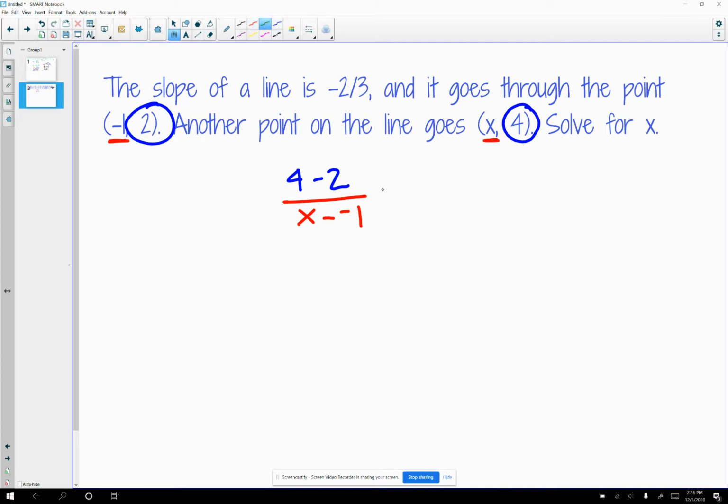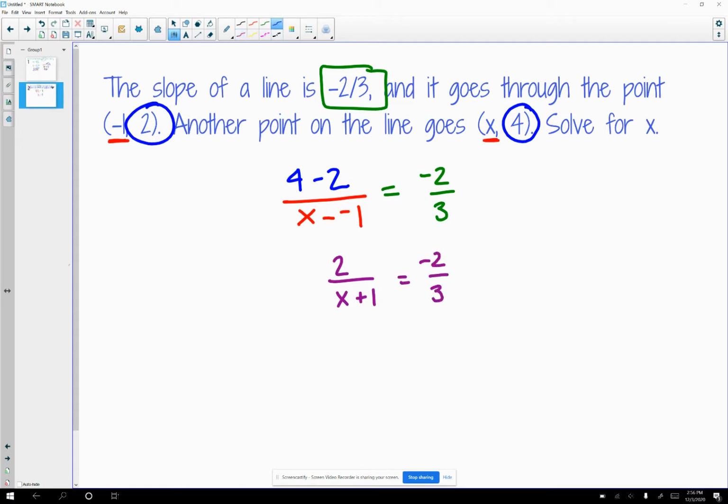And now I'm going to set that equal to my slope, -2 over 3. Again, I'm going to clean it up before I start cross multiplying. 4 minus 2 is 2. x minus -1 I can write as x plus 1. And it's still equal to the -2/3.